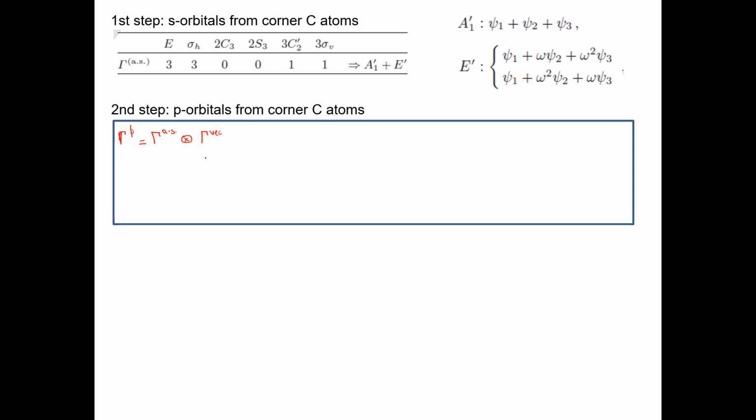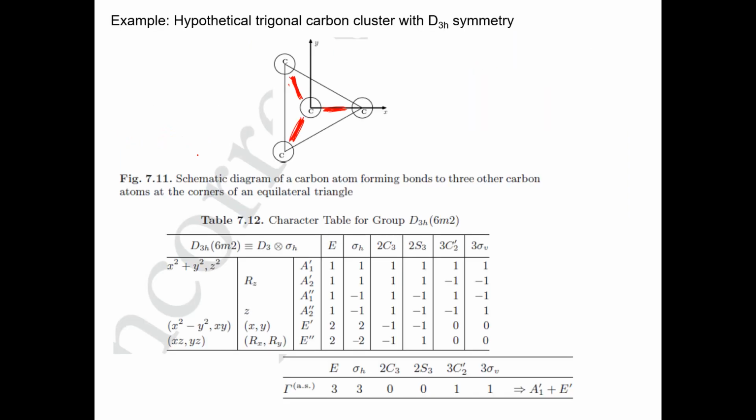But what is the vector representation? I have to go back here at the character table and see where are the XYZ components of the vector. And I see here that the Z component is A2 double prime, and the XY component is a two-fold degenerate representation, E prime.